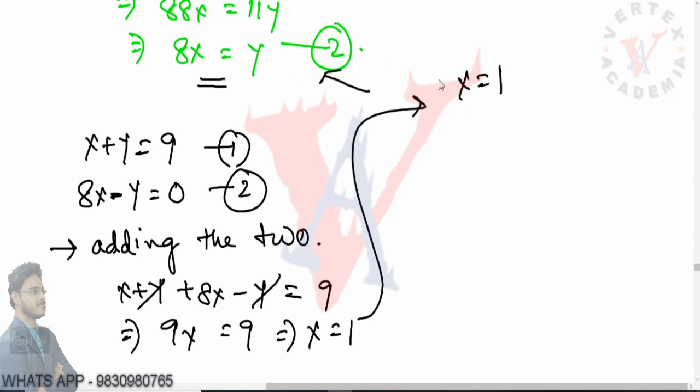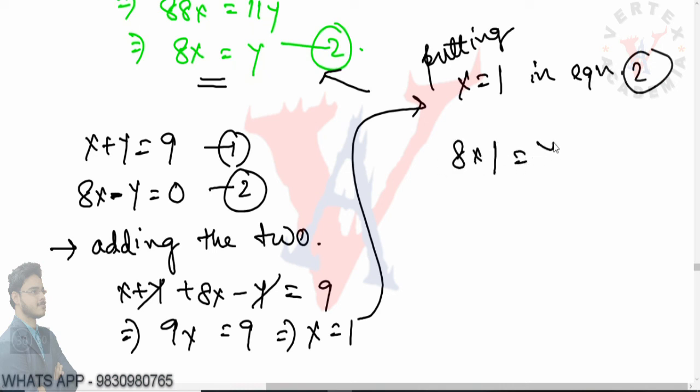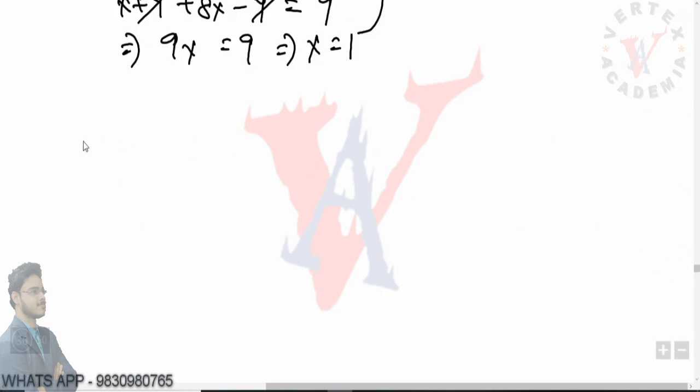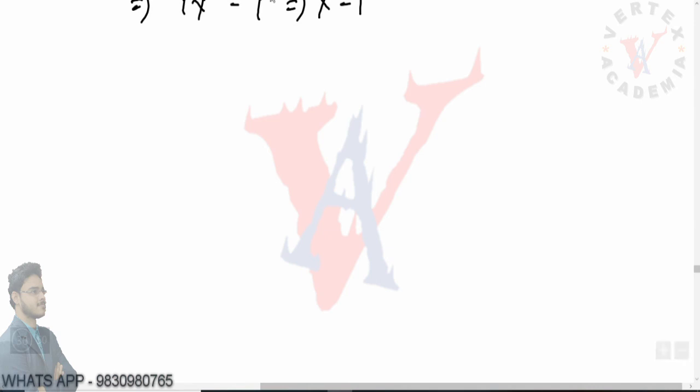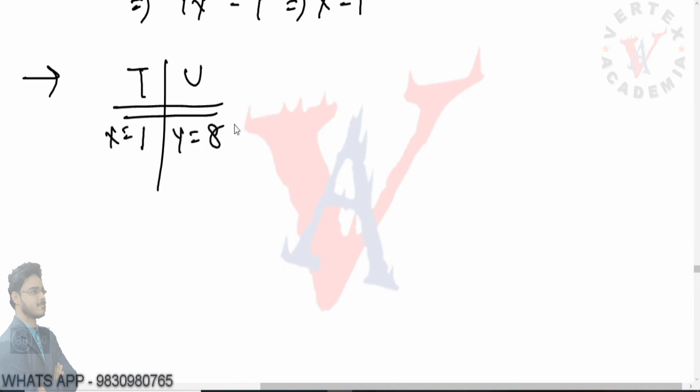So 8 into 1 equals y. So y equals 8. So finally what was the number? Number was xy. So tens place is 1, that is x equals 1, and y equals 8. So finally the number is 18.